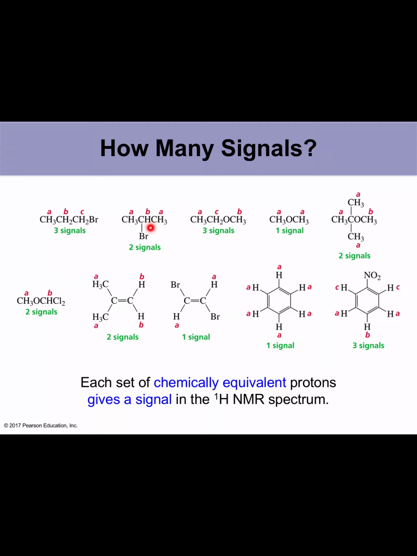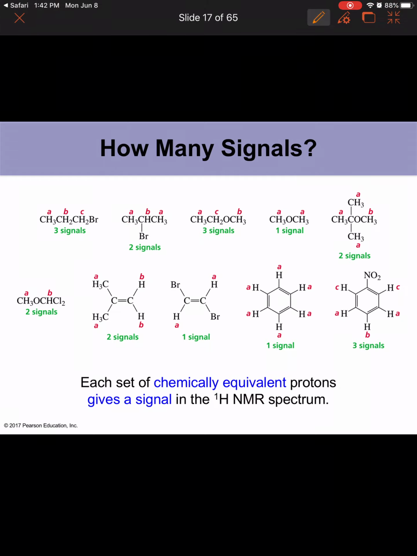How many signals would you expect for this molecule? 2 signals, because A they are the same and B would be the same. So if you draw the NMR spectrum, you will see 2 peaks only, A and B. And their ratio is going to be 1 to 6. There are 2 signals for this one.